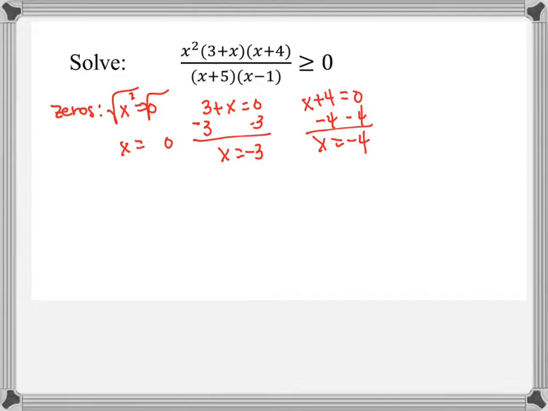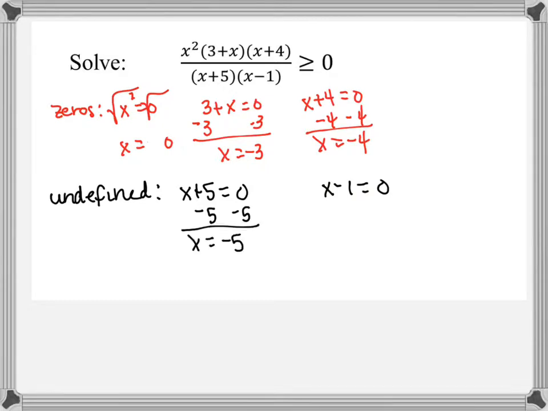To find my undefined values, I'll set each of my denominator factors equal to 0. So x plus 5 equals 0, x minus 1 equals 0. I'll first subtract 5 from both sides, x equals -5. I'll add 1 to both sides, x equals 1. So I have 3 zeros, 2 undefined values.